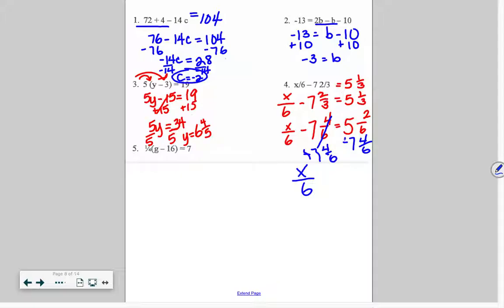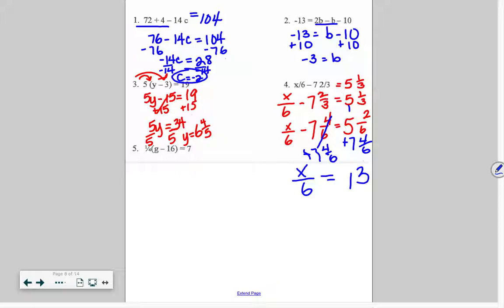Oh, add, thank you. So I'd have x over 6 on one side. On the other side, what's 2/6 plus 4/6? A whole. So that would add 1 here. 5 plus 1 is 6 plus 7.